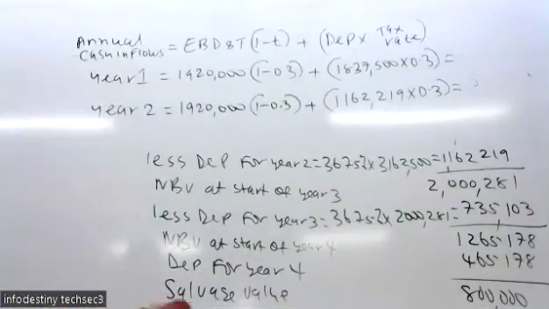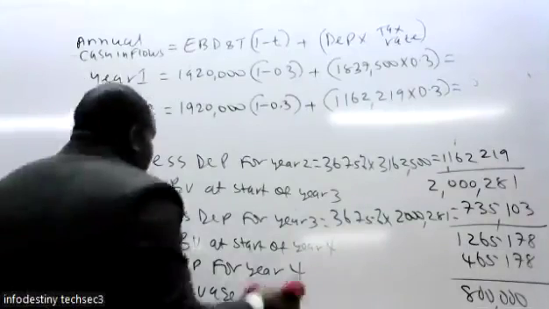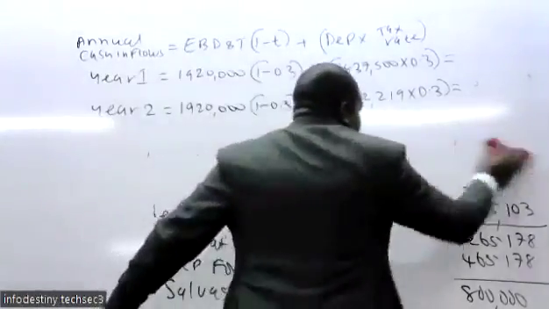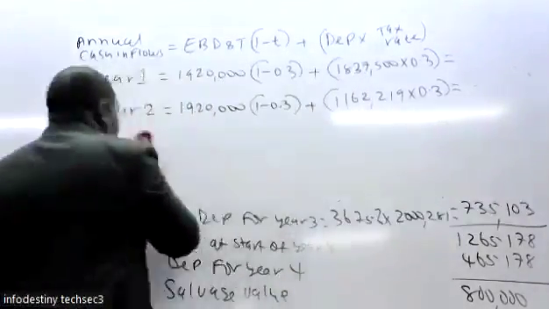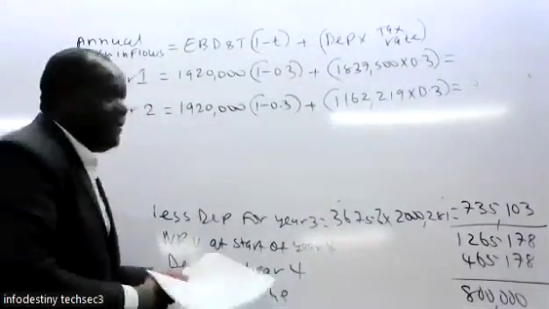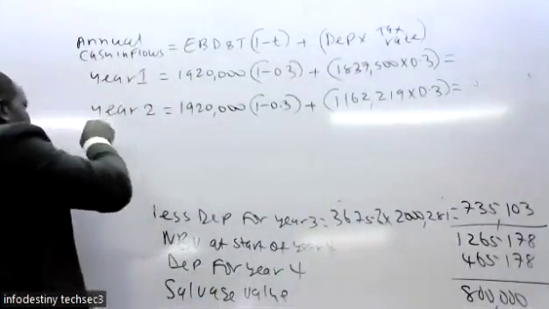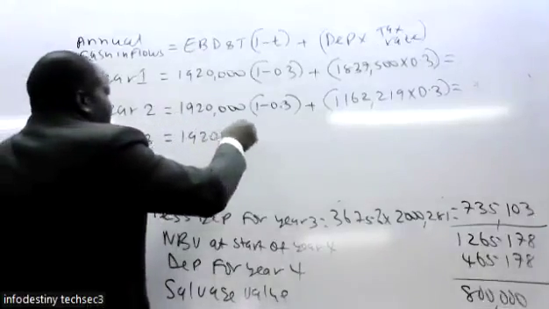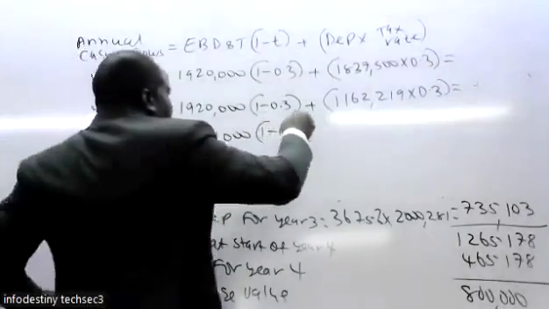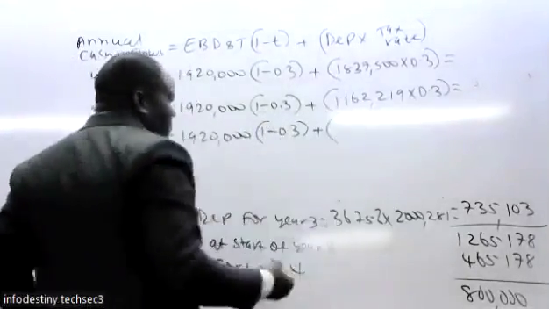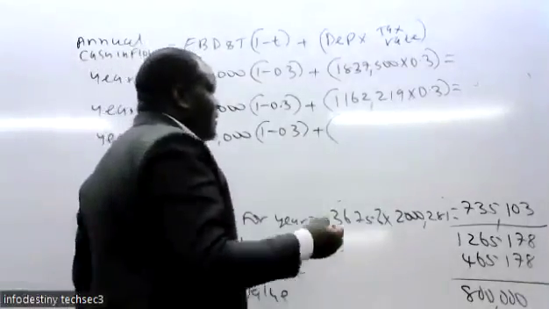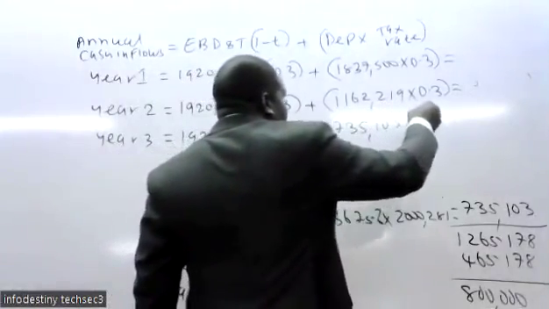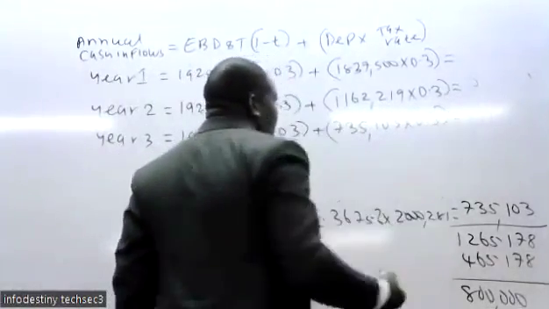So that is what you are able to get. Then you also go to year 3. It is also 1920 times 1 minus 0.3. Depreciation for year 3 was 735,103 multiplied by 0.3.